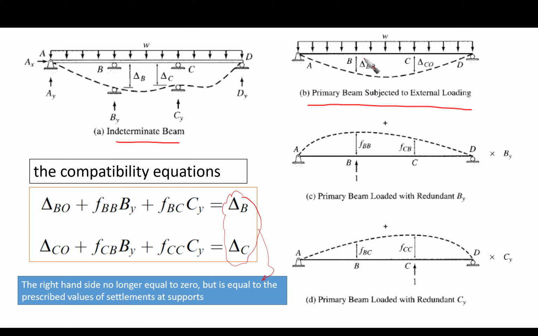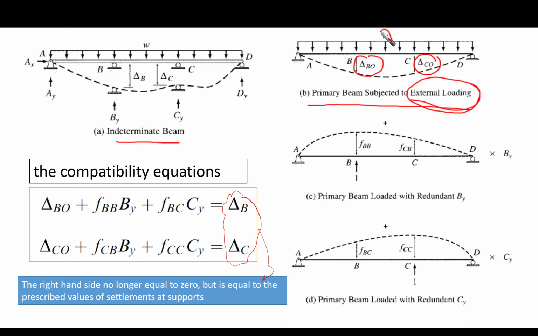As we said, we removed the supports at B and the supports at C, and we said that they are going to undergo small settlements. And now this is the primary beam subjected to the external loading.